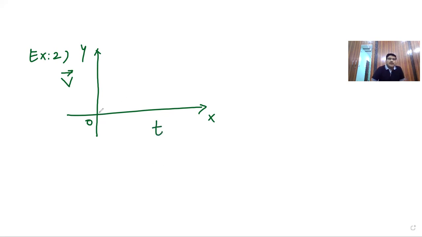So, the graph is a straight line passing through the origin. Observe, the graph is a straight line passing through the origin. This is V and this is T. It is a velocity time graph, VT. Clear?